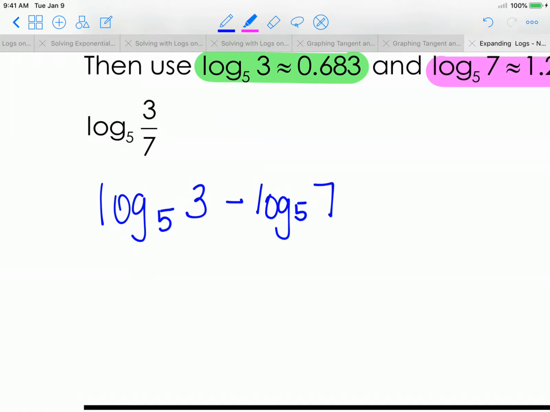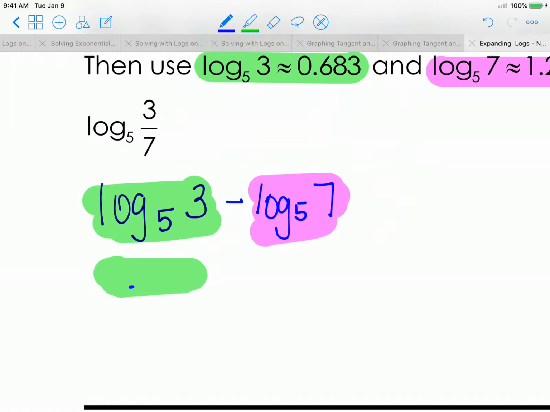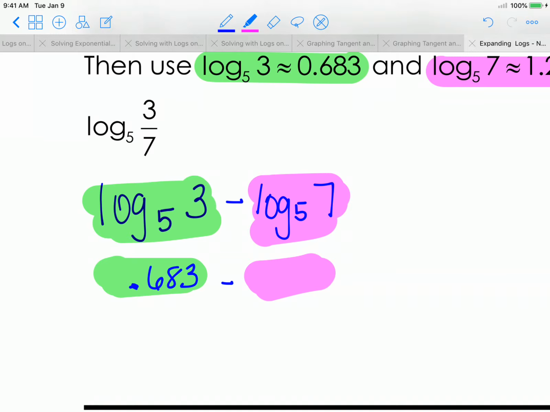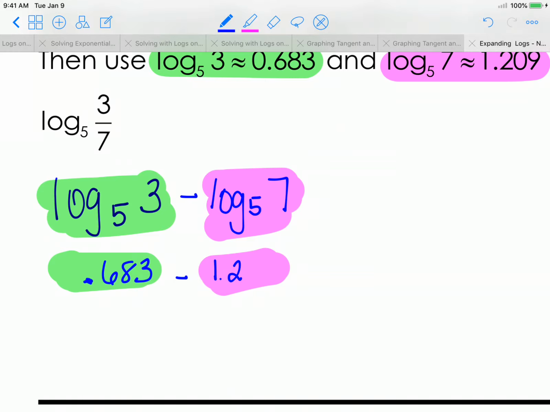And now we're going to substitute the numbers that were given in for these logs. So log base 5 of 3 is equal to 0.683 minus what log base 5 of 7 is equal to, 1.209.